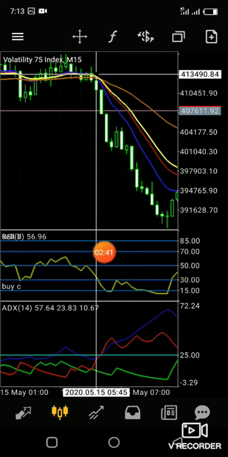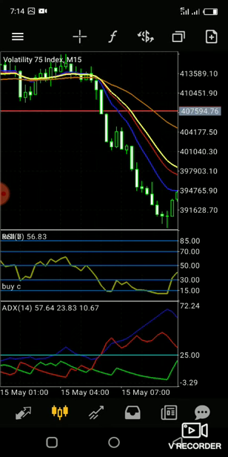The red here must be above the green, and the blue must be above the 25 line. And as for the RSI, for it to be a sell signal, the RSI must be below the 50 line, which is here.